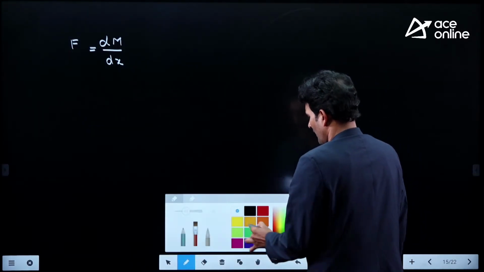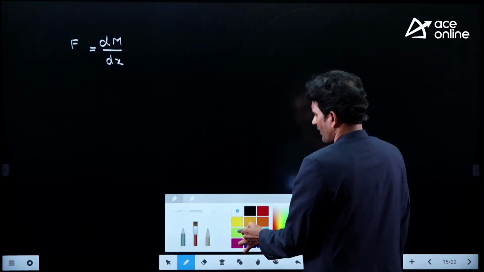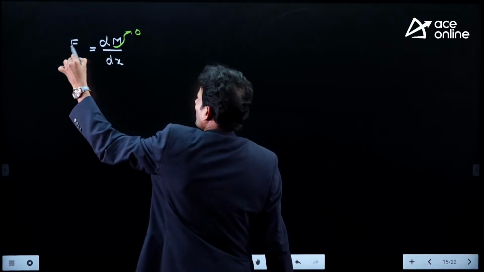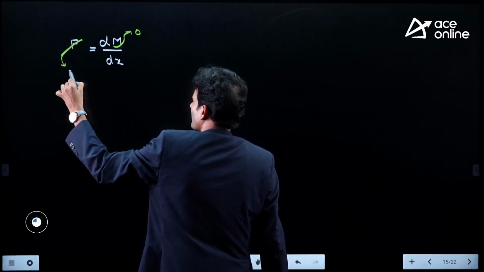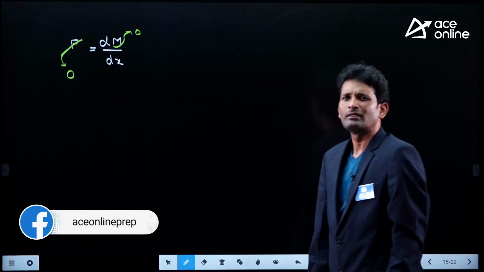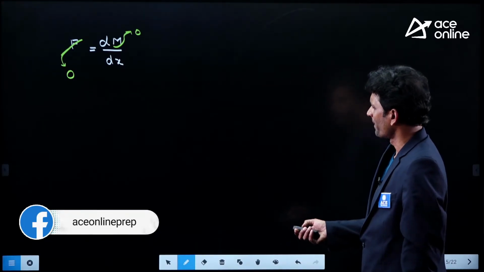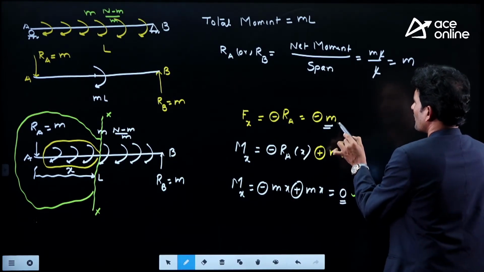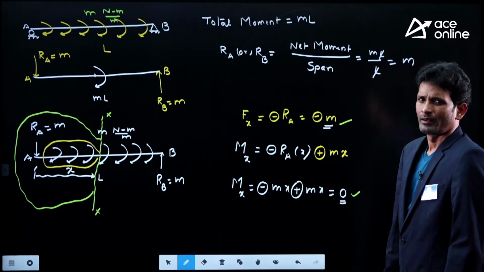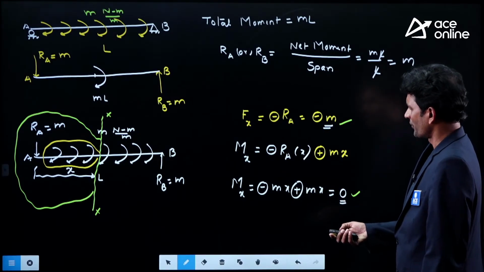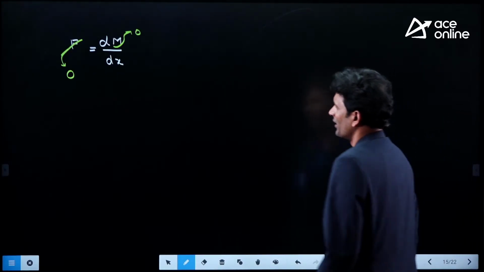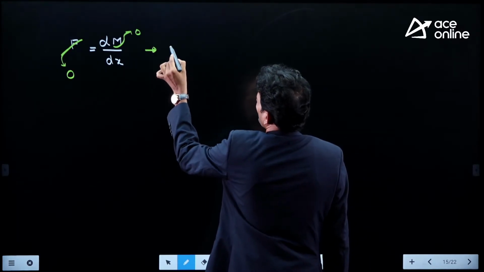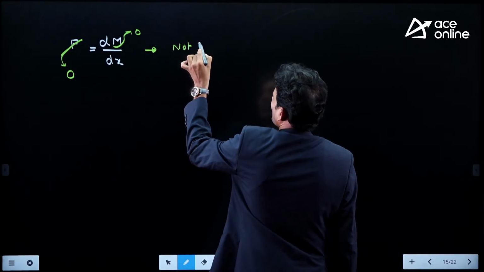In this particular case, the bending moment is 0, so the shear force also needs to be 0. But has that happened in this case? No. Look here: the bending moment is 0, but shear force is available. So when we follow that relation, it is not valid.